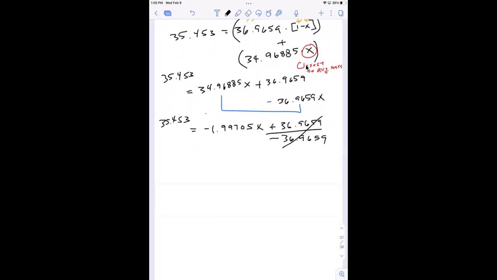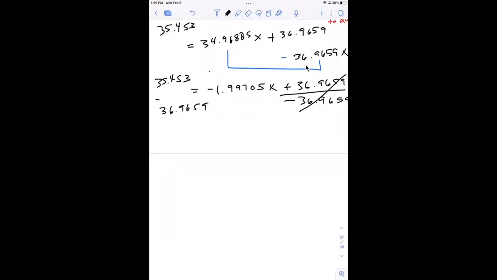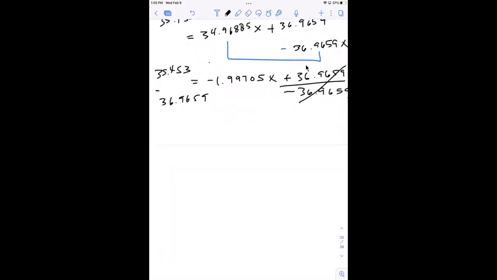Now we just need to subtract this from both sides. That's going to cancel that term on that side, and it's going to be this minus 36.9659. What do you got? Somebody subtract that real quick. That's also going to be a negative number.